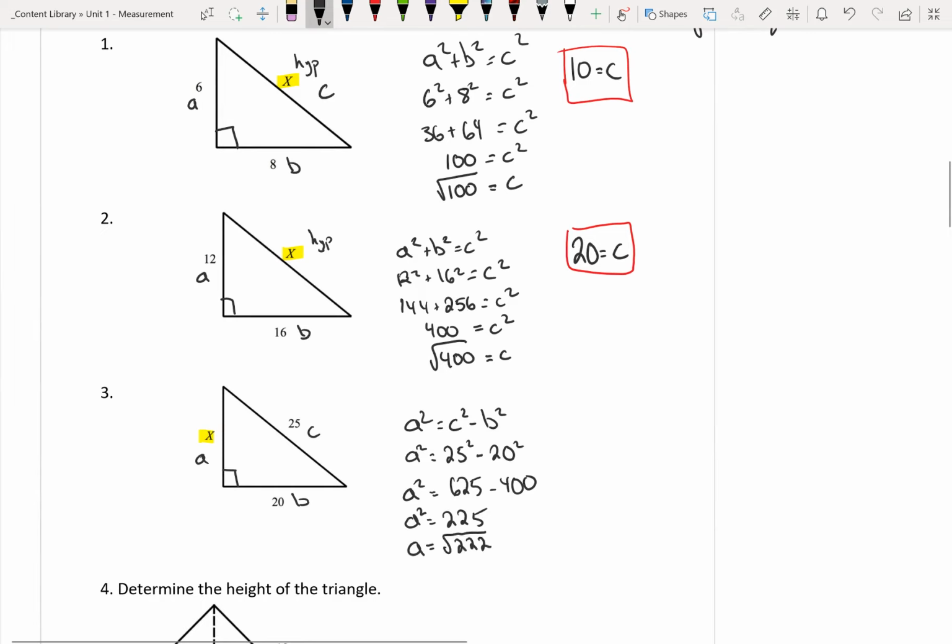So if I square root 225, square root of 225, so I get 15 equals A. So one thing to note is that the final step you do in Pythagorean theorem, regardless if you're solving for the hypotenuse or a leg, is square root.